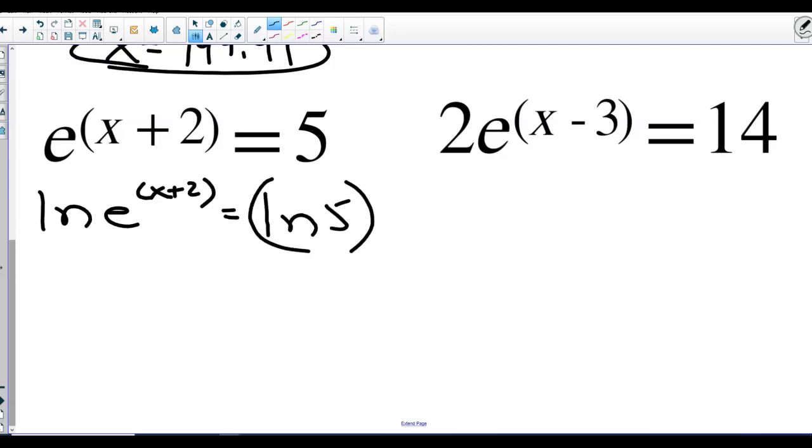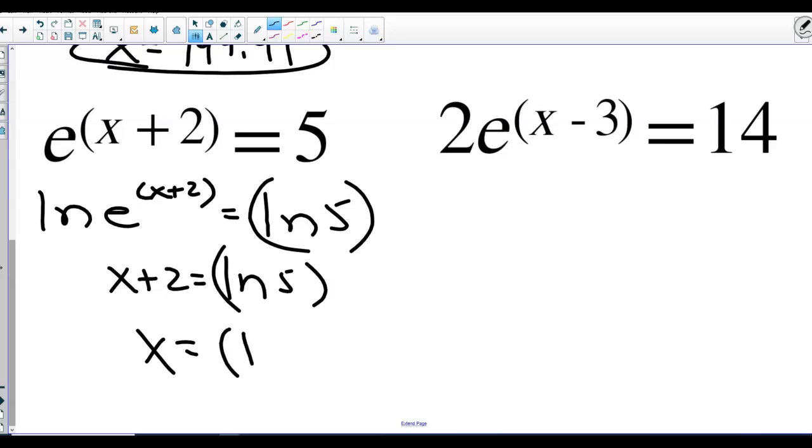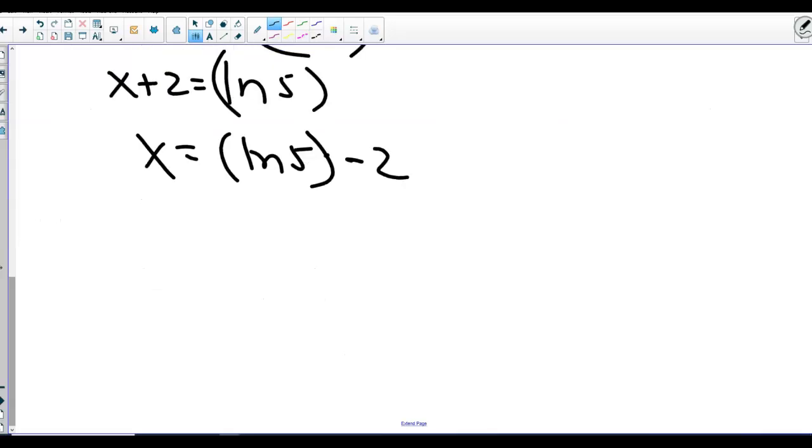I would keep that natural log in a parenthesis for my calculator. The natural log of e, we're just left with the exponent. And then to solve for x, ln 5 minus 2. So when I do that, I do ln of 5 minus 2, and this ends up being a negative 0.39 as my answer.